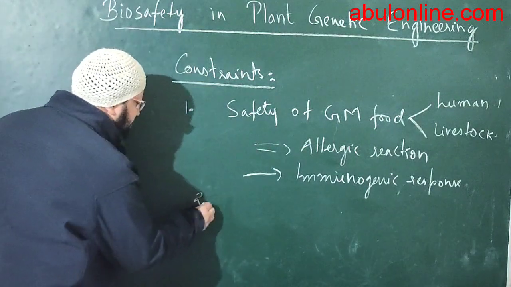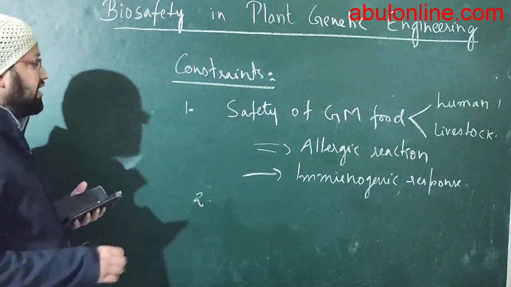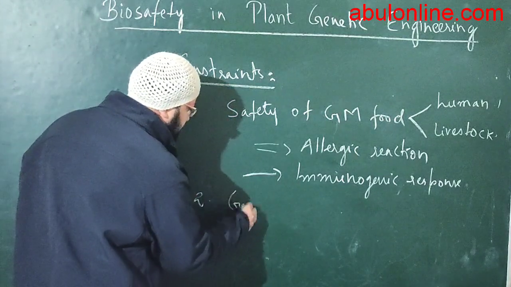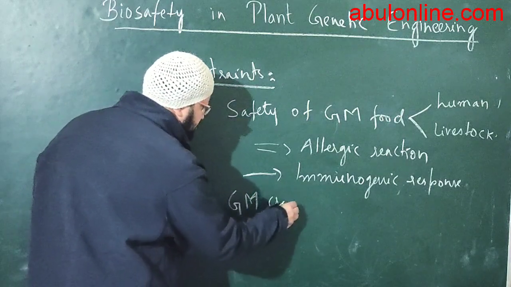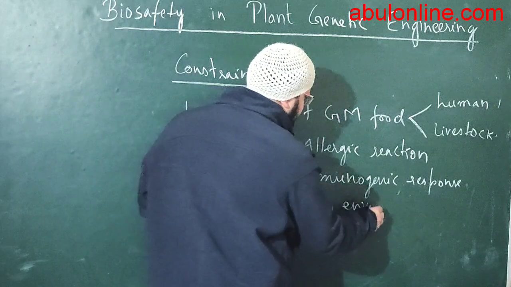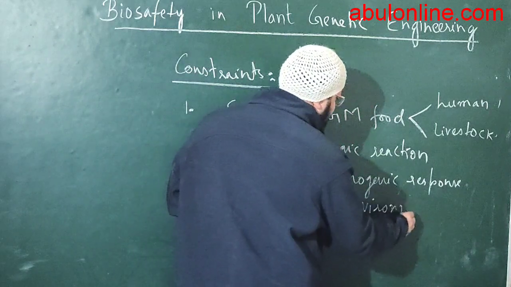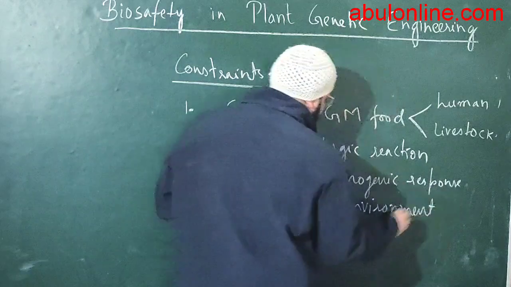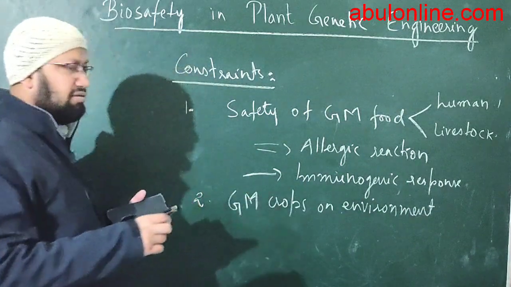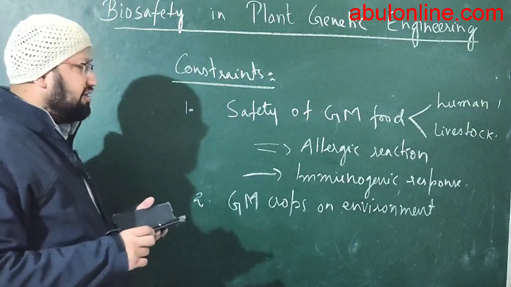Then another very important constraint is the effect of GM crops on the environment and biodiversity, because GM crops are not natural; their genomes have been modified. So how can they affect our ecosystem?